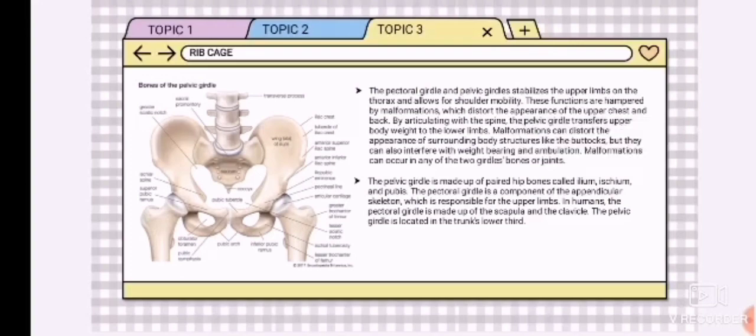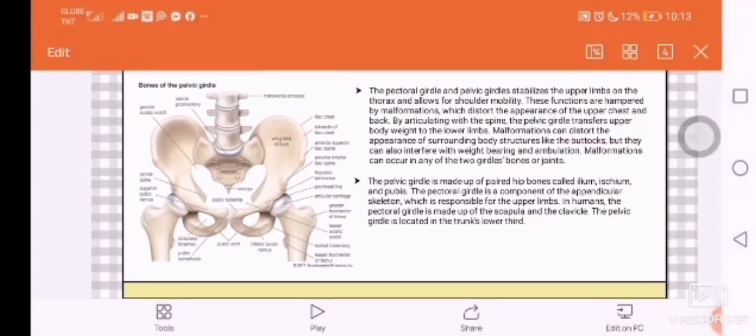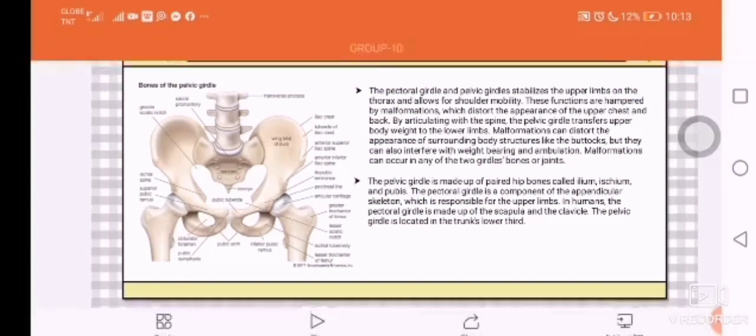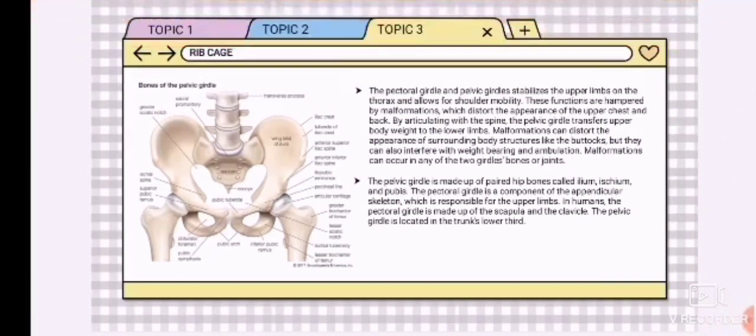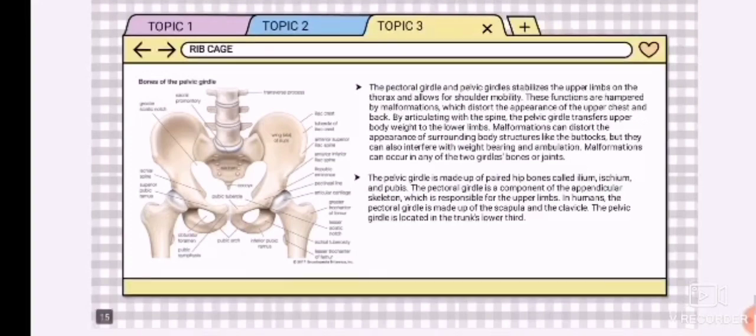Malformations can distort the appearance of surrounding body structures like the buttocks, but they can also interfere with weight bearing and ambulation. The pelvic girdle is made up of paired hip bones called the ilium, ischium, and pubis.